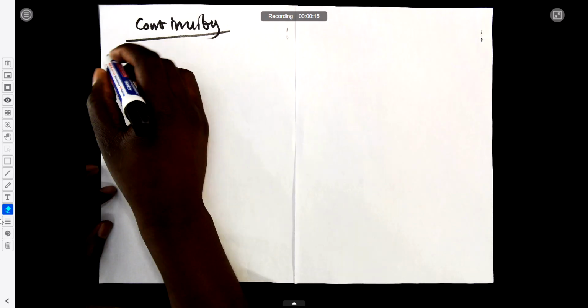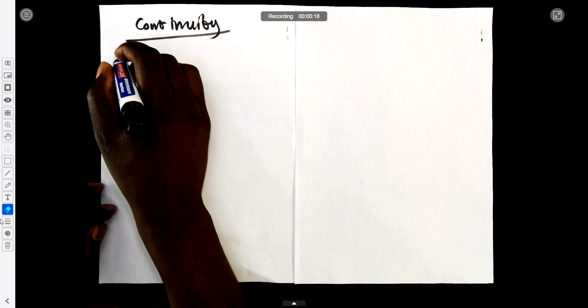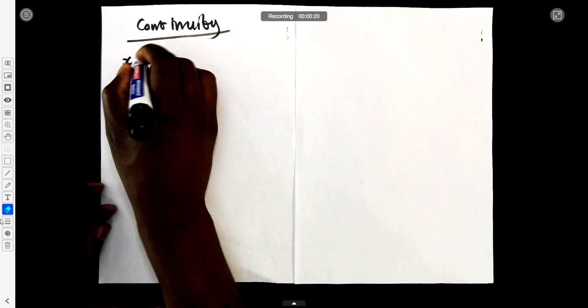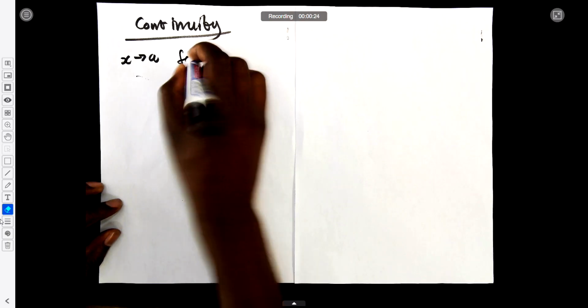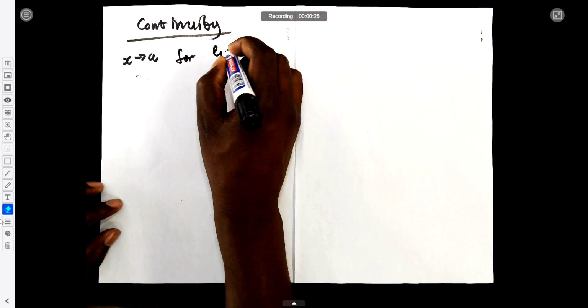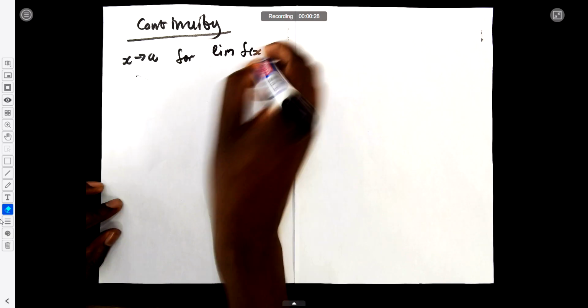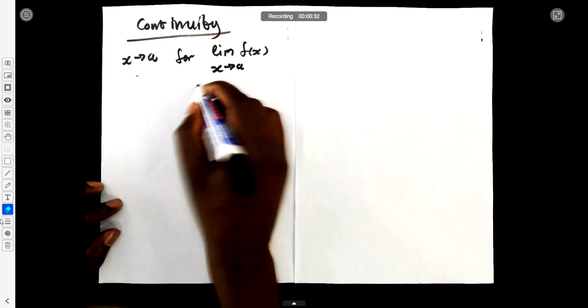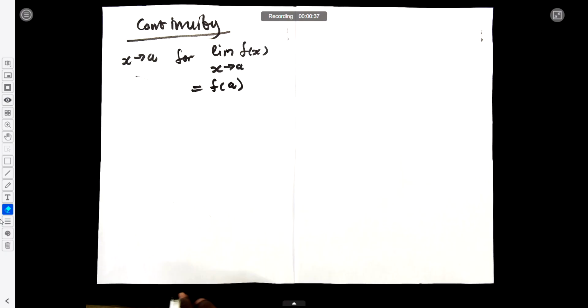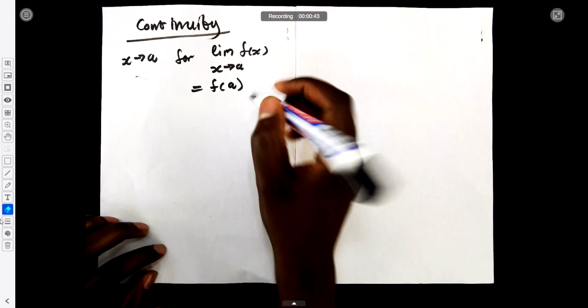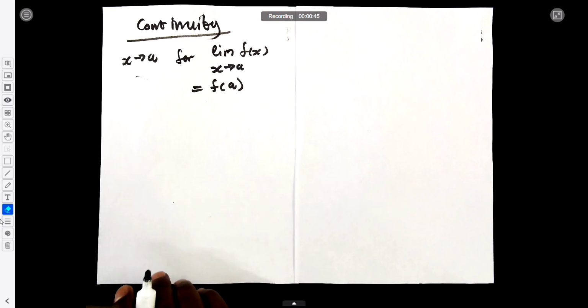For example, if we have to find the limit of a function as x approaches a, then for it to be continuous, when you substitute the value into the limit, the limit must exist. So it must exist. If it exists, then we'll say it is continuous.